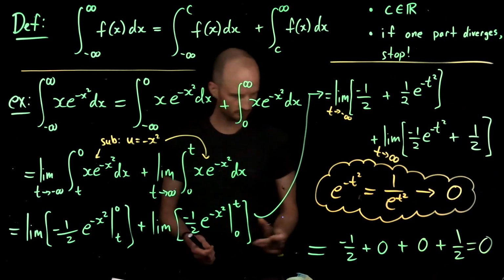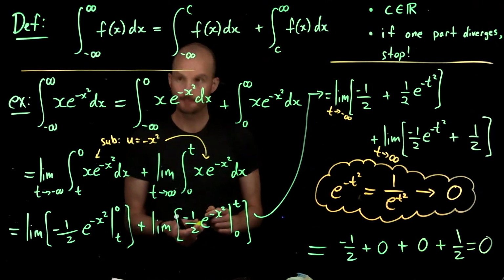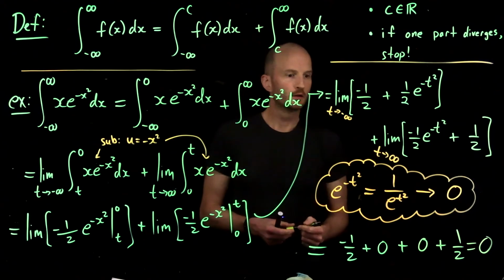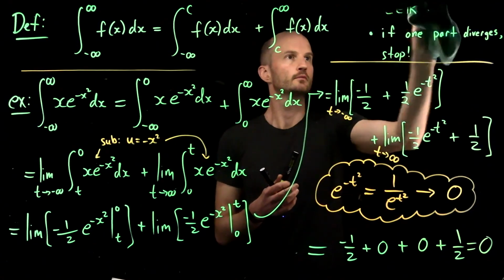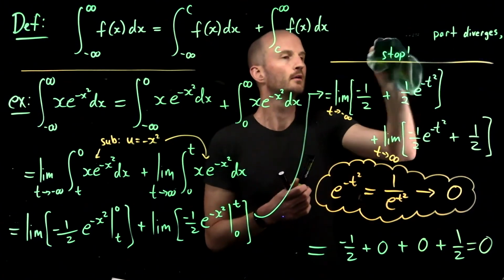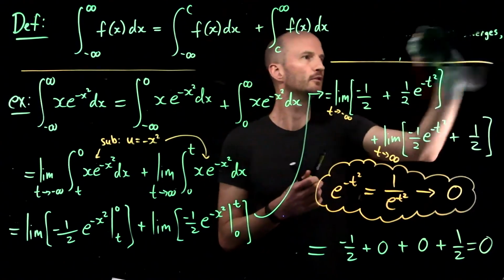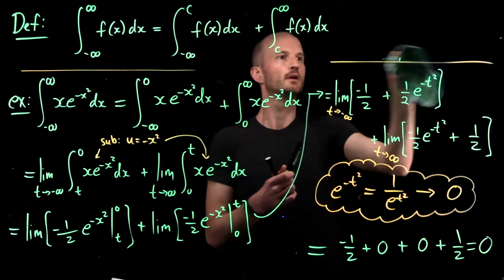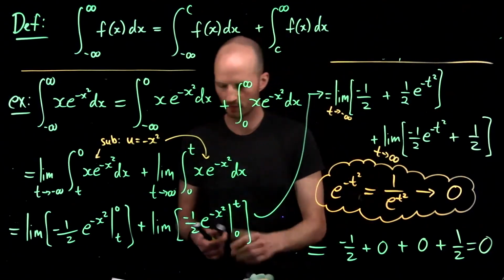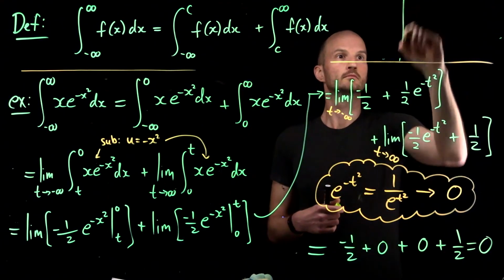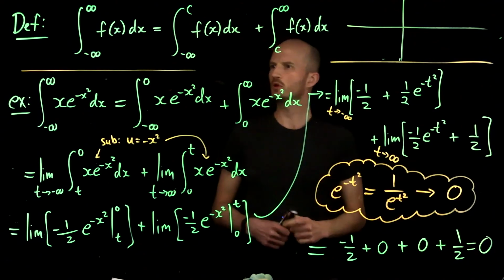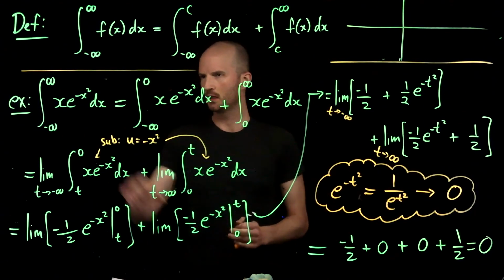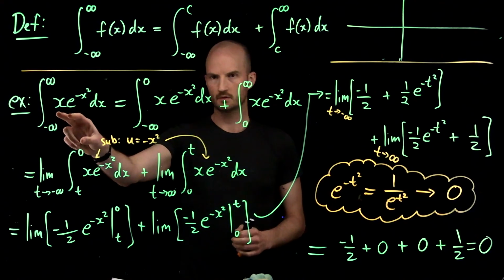Now, how can that possibly be? Let's make a little room up here and give a very brief sketch of this scenario. Okay, I got my xy axes. I'm looking at this function here. When x is negative, this thing here is negative.